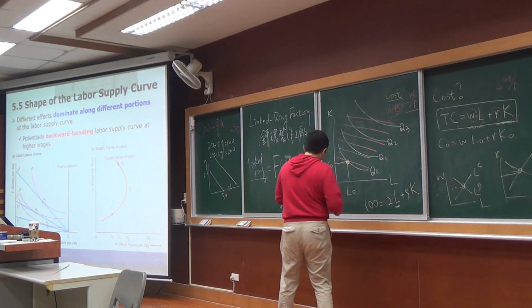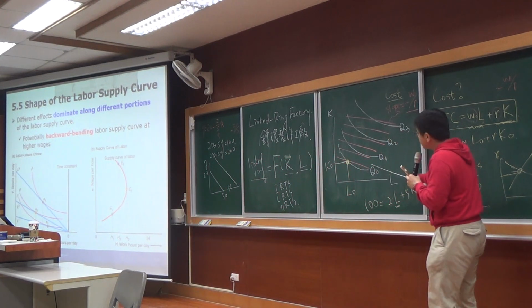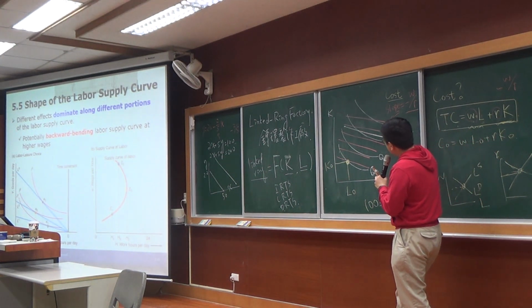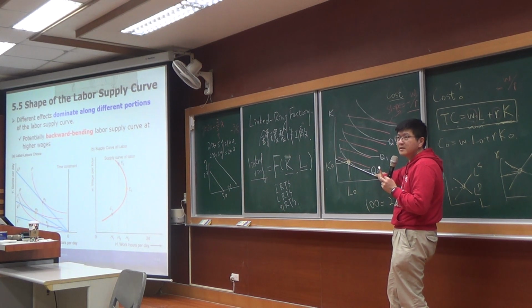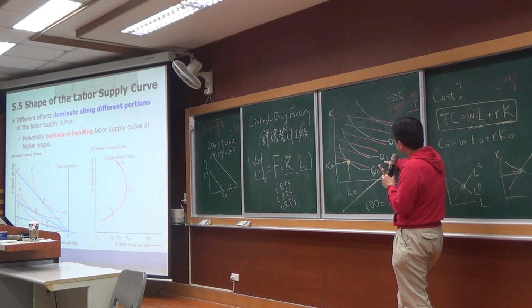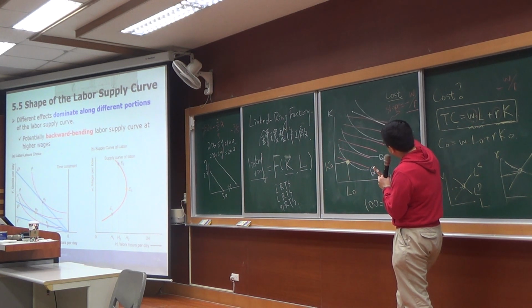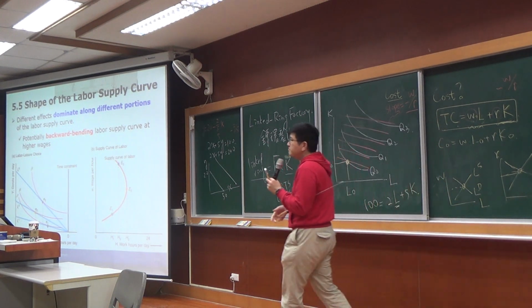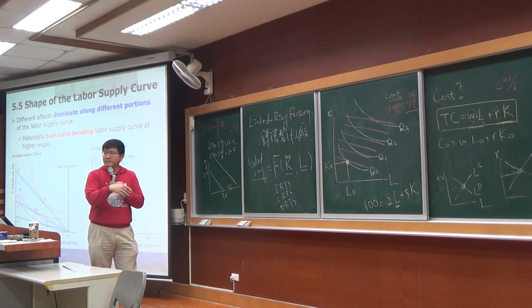So if you are required to produce this level of output, to minimize cost would be here, right? If you are required to produce Q1, to minimize your cost would be like here. Q2 would be like here, and Q3 would be like here.